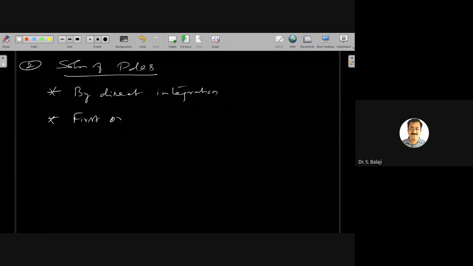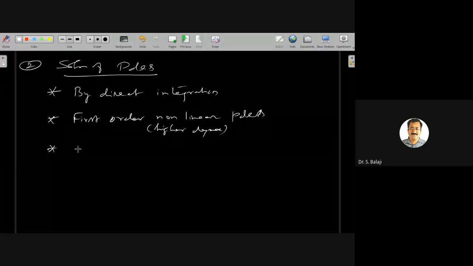First order non-linear PDEs. Non-linear means higher degree. Here we are going to consider first order, higher degree PDEs. Then we have Lagrange's linear equations, first order, first degree.